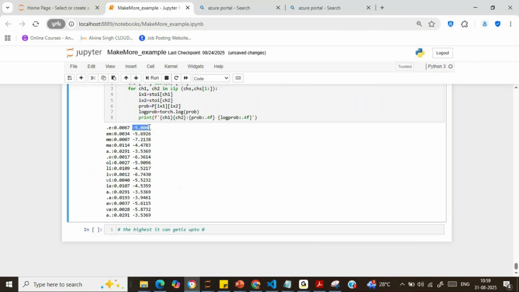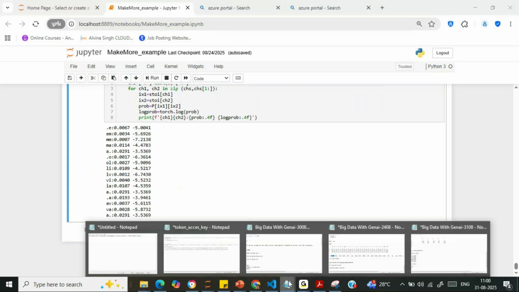These are negative values, and the lower the probability, the more negative it becomes. If the value is 0, then the probability output is 1. You can think about it in this particular way.